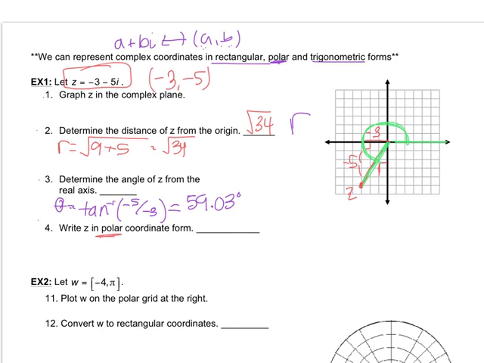degrees. However, if you look at our graph, that can't be right. Well, this is just a reference angle, and a reference angle just tells you the angle from the nearest axis. So 59.03 is that purple angle right there. Since we know where z is, what we need to do is add 180 to that to get the exact answer.